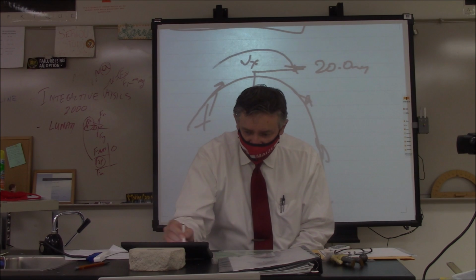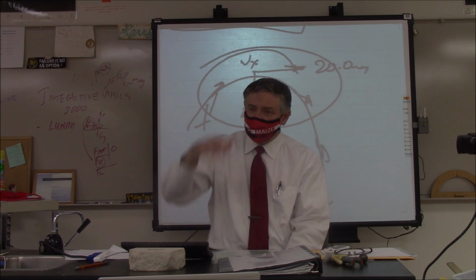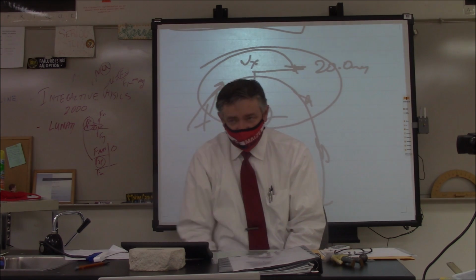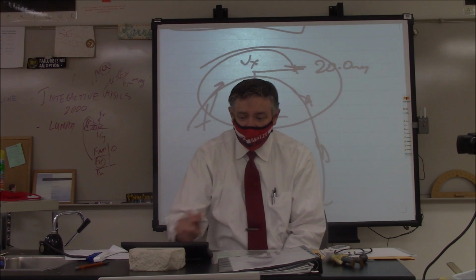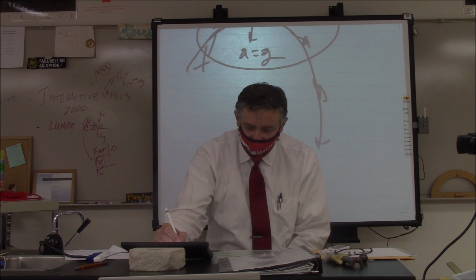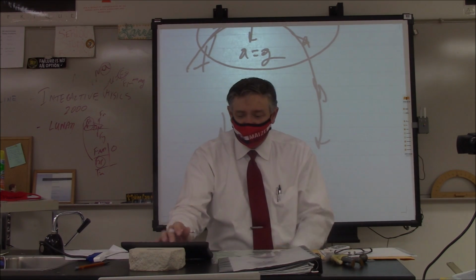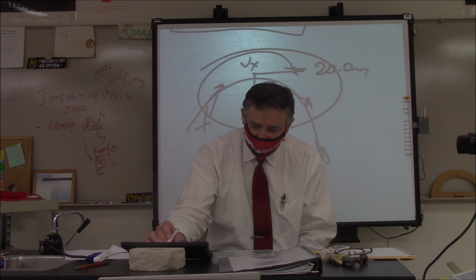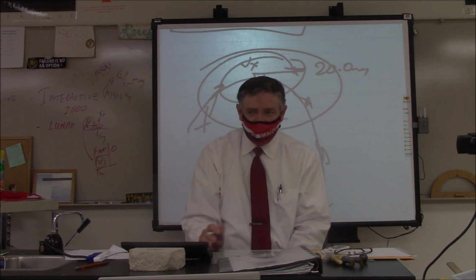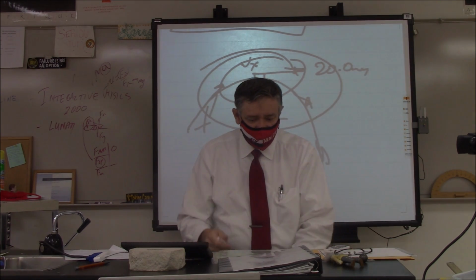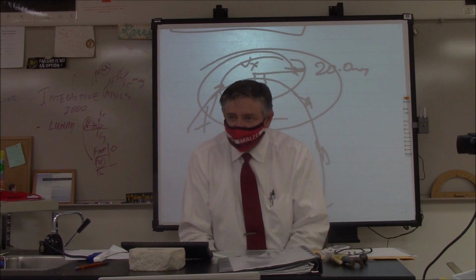But at the top of the flight, your velocity vector is going to be at right angles to your acceleration vector. Now, if you just launch it straight up, then your acceleration vector and velocity vector will always be parallel to each other. So it's only when you have projectile motion at the top of the flight where you can have a 90-degree angle between your acceleration vector and your velocity vector. Okay?